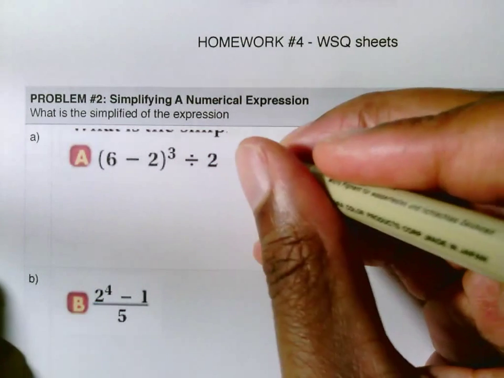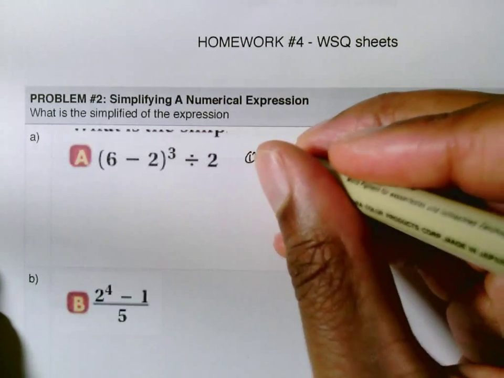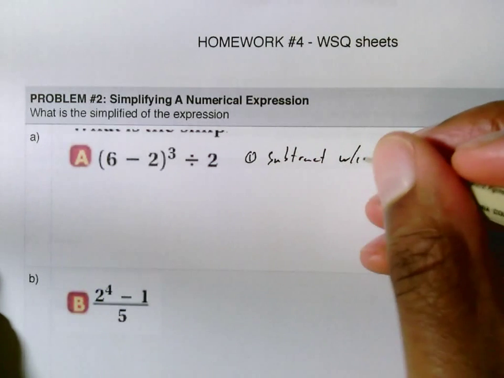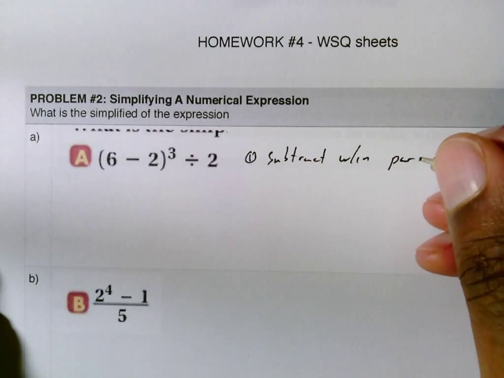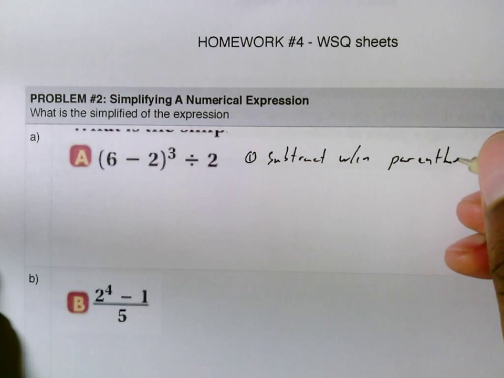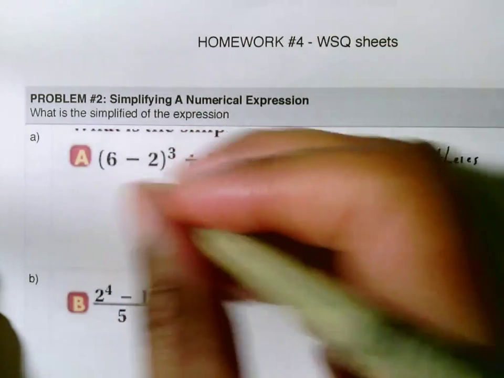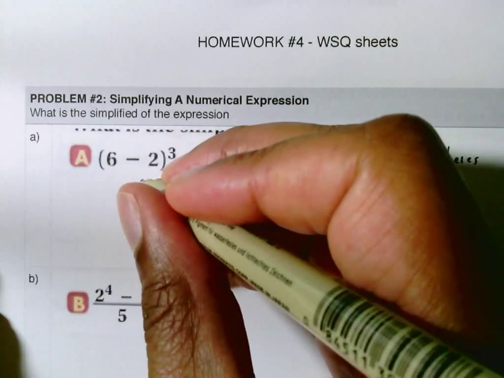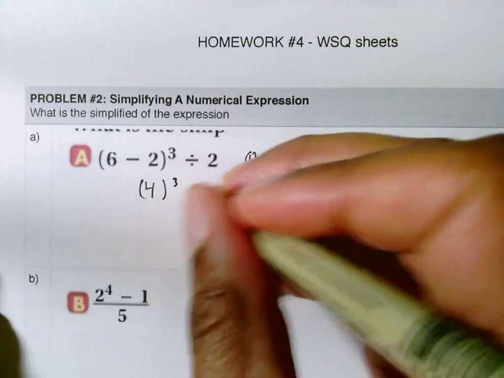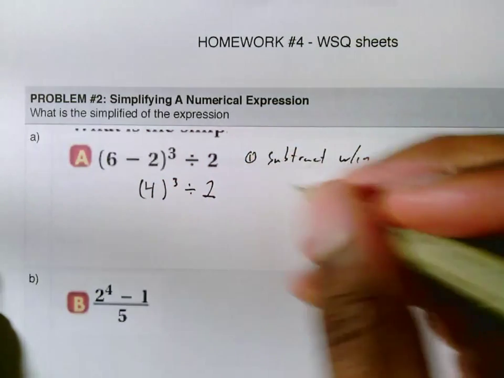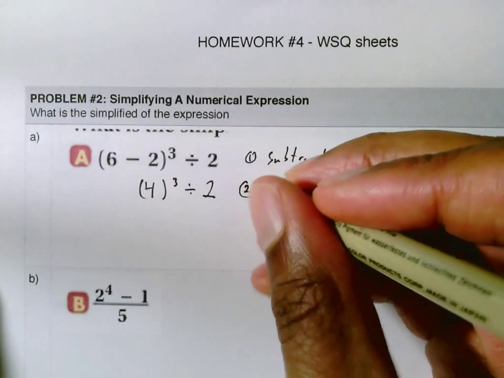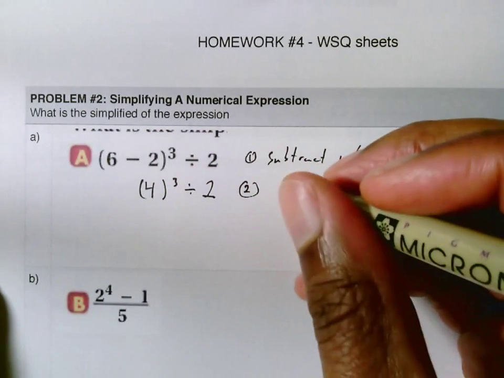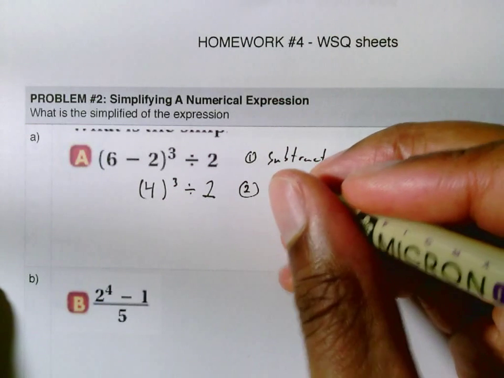My first step is I'm going to subtract within the parentheses. And so I get 6 minus 2 makes 4. And I'm going to simply rewrite everything else. My second step is I see we have that exponent there. So I'm going to do my exponent.